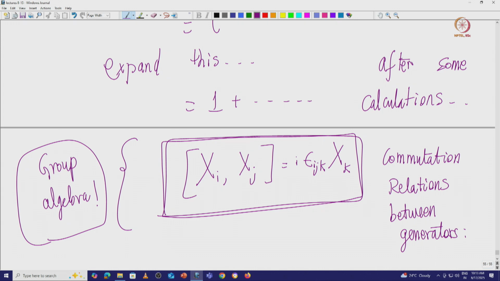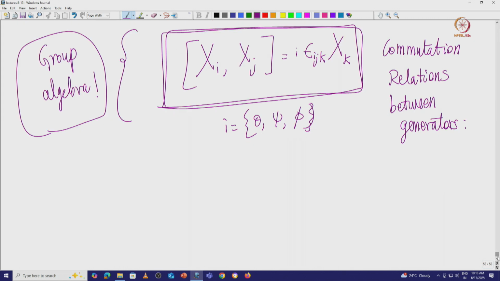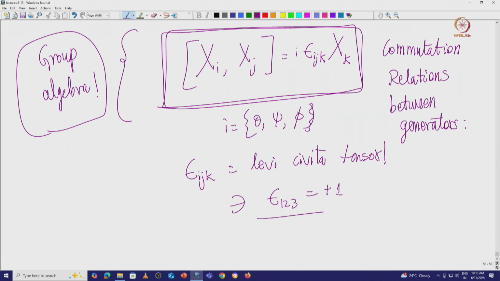So the commutator between x_i and x_j, where i can be theta, psi and phi, and epsilon_ijk is essentially your Levi-Civita tensor, with the definition that epsilon 1 2 3 is equal to plus 1.